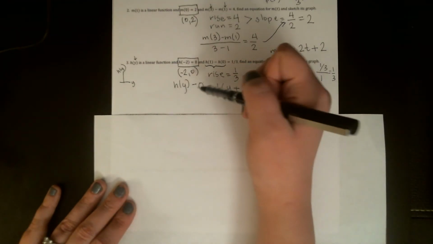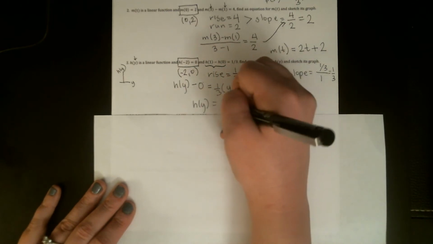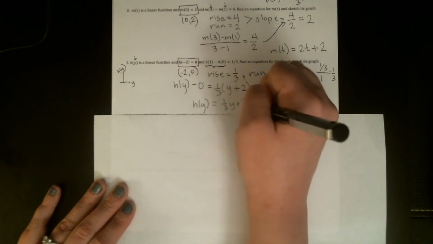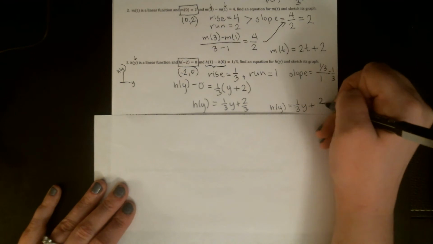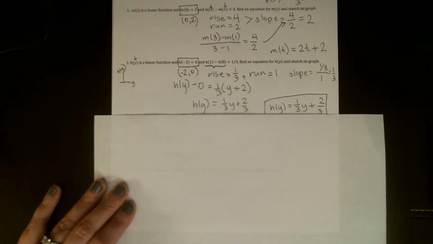This one's really easy. We don't even have to add anything over. We just get h of y equals 1/3 y plus 2/3. So I'll go ahead, since I started writing this over here, and fill it in. 1/3 y plus 2/3.